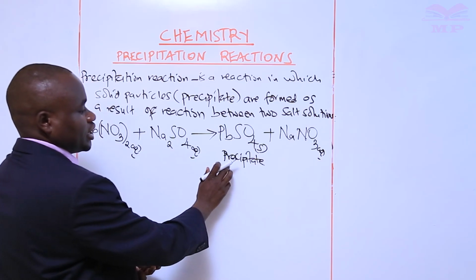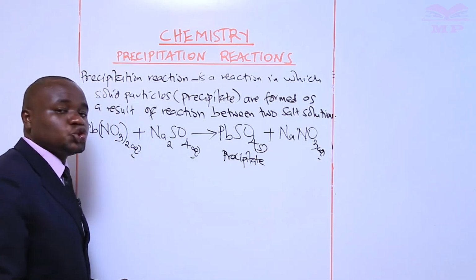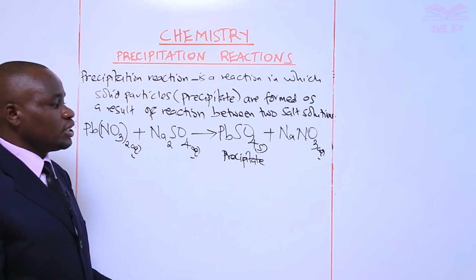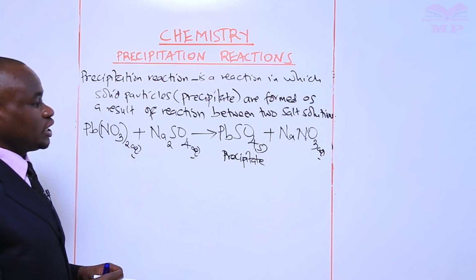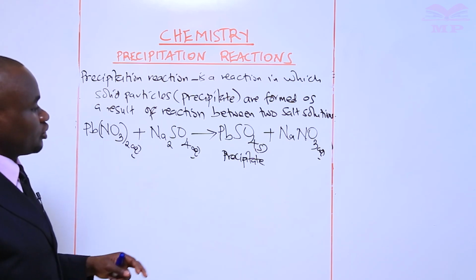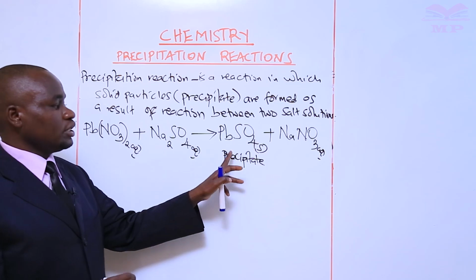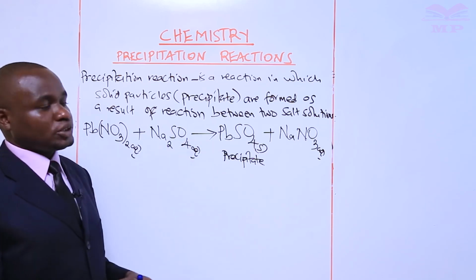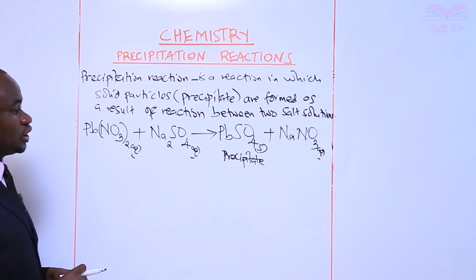Then we shall get lead sulfate and sodium nitrate as the two products. Remember, they are formed as a result of exchange of the two particular ions. So in real sense, our precipitate will be lead sulfate.